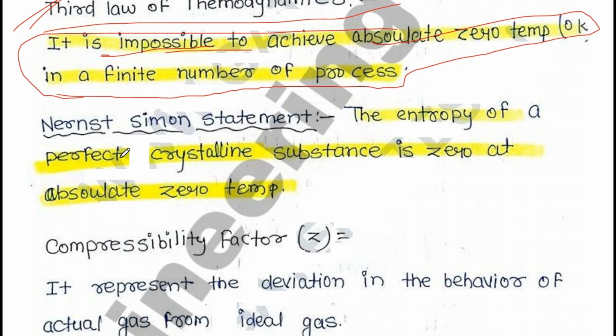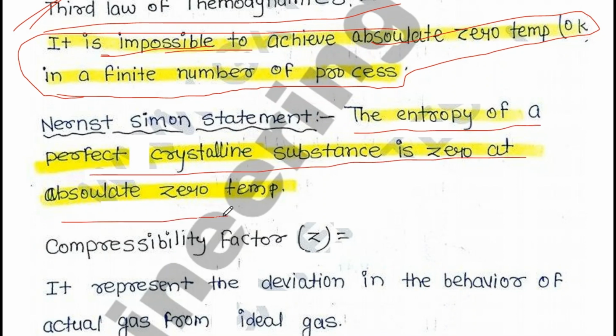Let's discuss the Nernst statement. The entropy of a perfect crystalline substance is zero at absolute zero temperature. Crystalline substances are generally those that occur in nature, by nature only.